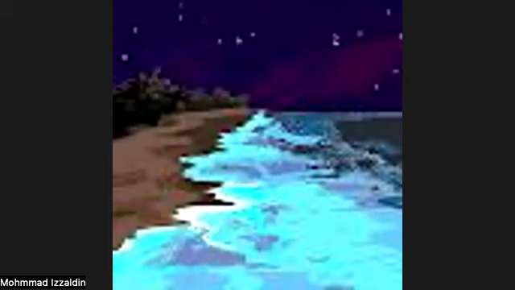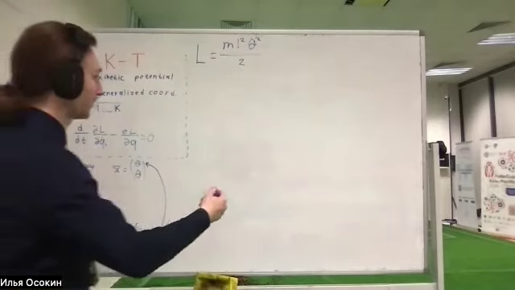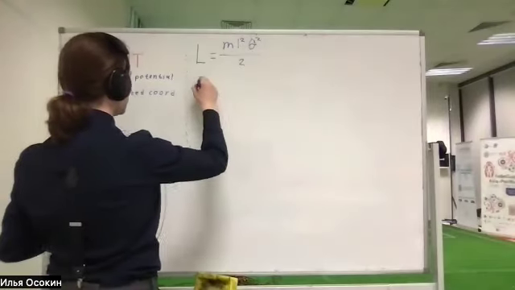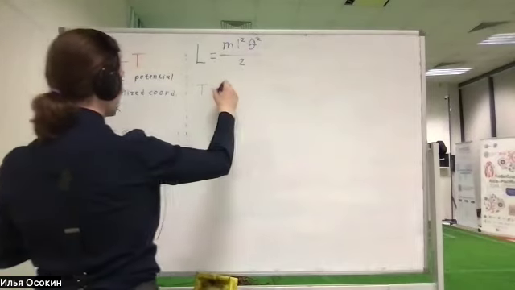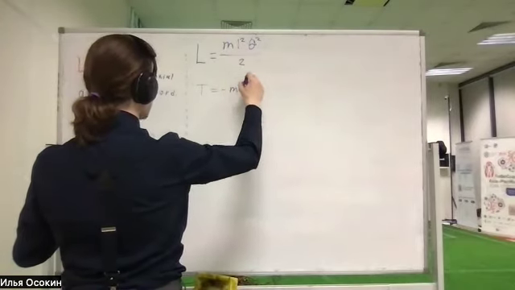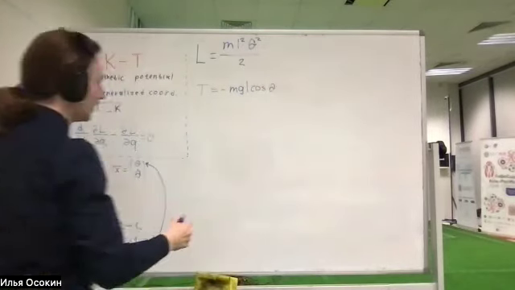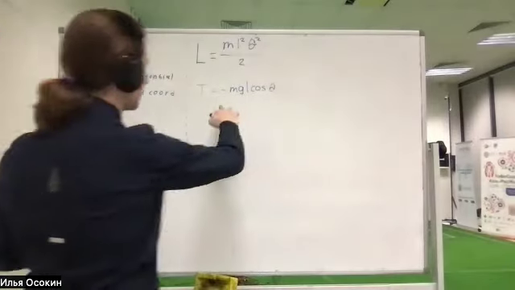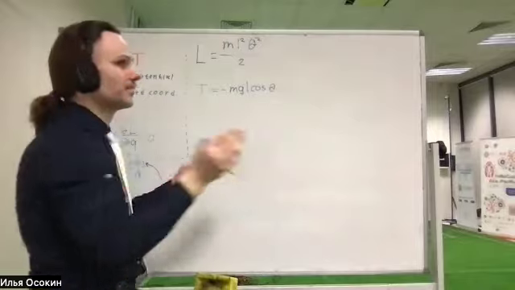The potential energy is at its minimum when the cosine is 1. So the potential energy could be written down as minus m g l cosine theta. And the thing is that we're subtracting the potential energy over here.